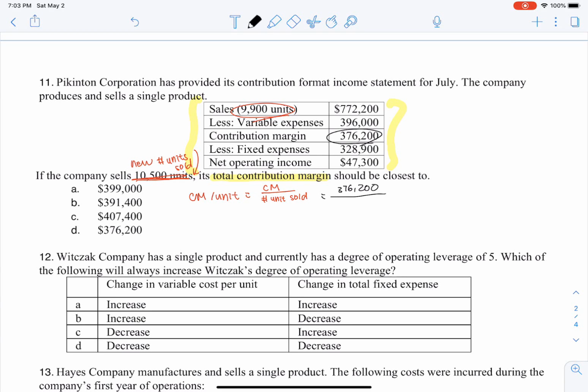You divide it by the original units, which is 9,900. You're going to end up with $38. And then you just multiply the 38 by our new number of units sold. So 38 times 10,500, you're going to end up with 399,000. That's our answer, A.